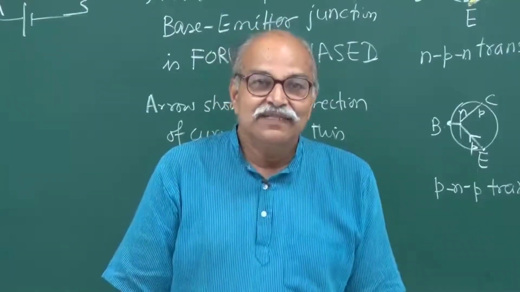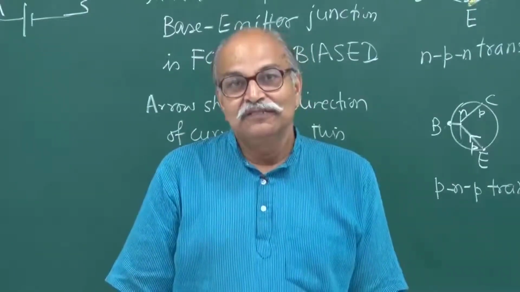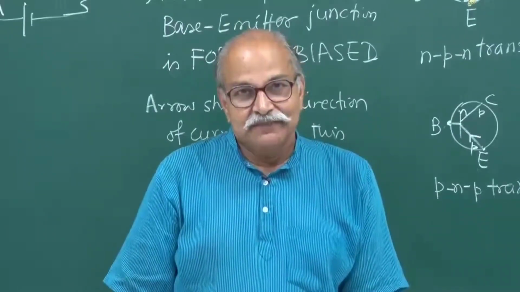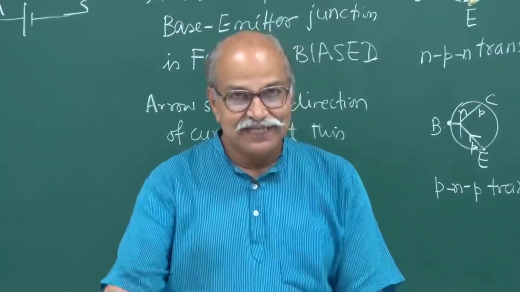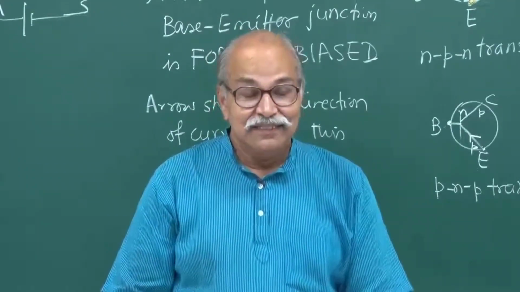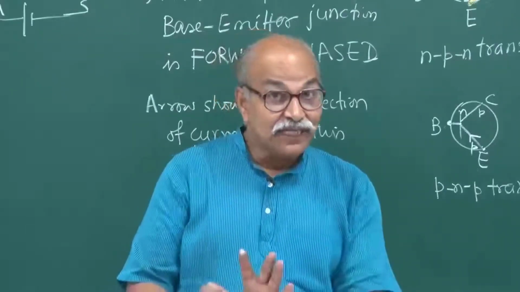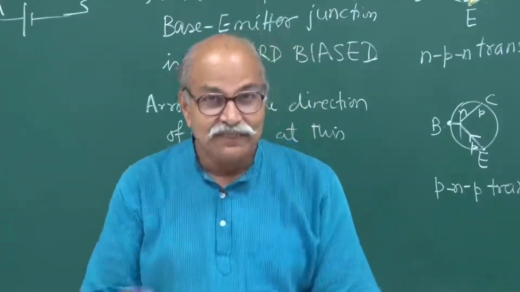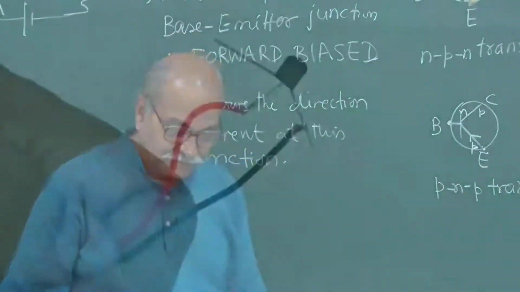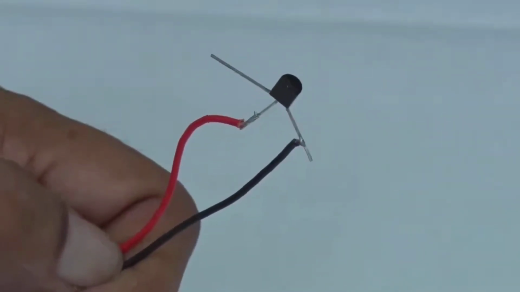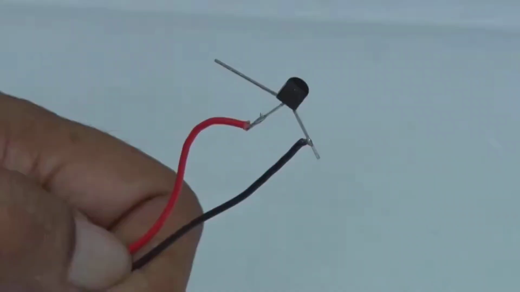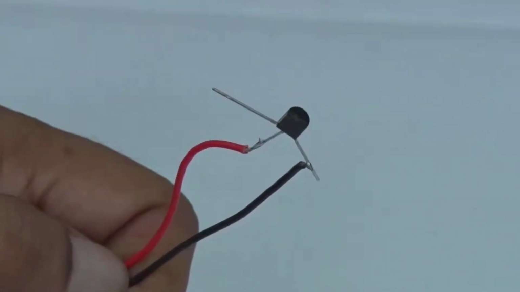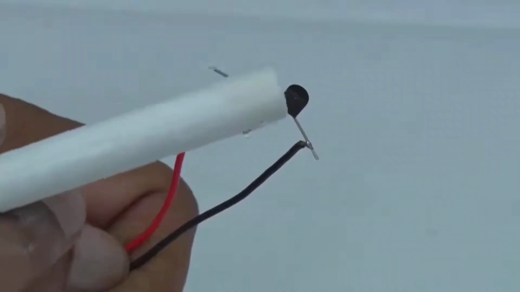The basic idea of this circuit is very old, say 3-4 decades old, but for this particular application that I am going to show, without explaining what it is, you just see what kind of thing a transistor can do. So here you can see a transistor. This is its cover, its cap, its container.